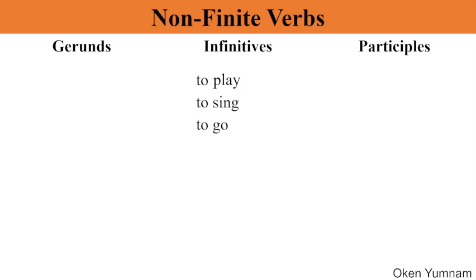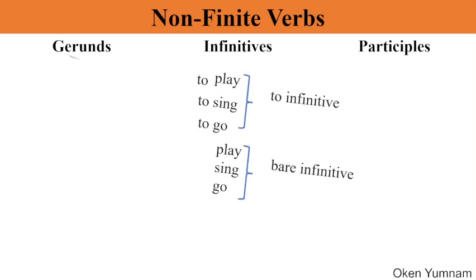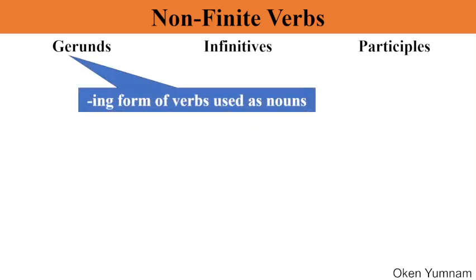Sometimes "to" is not there in an infinitive, like play, sing, go. The first one, with "to", we call "to" infinitive, and without "to" we call it bare infinitive. So these are infinitives. Now coming to gerunds. What are gerunds? Gerunds are -ing forms of verbs, or present participle forms of verbs, used as nouns.